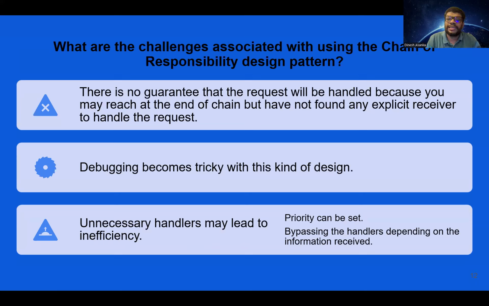One of the major challenges in this method is that there is no guarantee that the request will be handled perfectly, because it might reach the end of the chain but may not have handled the request. So typically, in that type of scenario, we will have a default handler. But this is very good in exception handling.